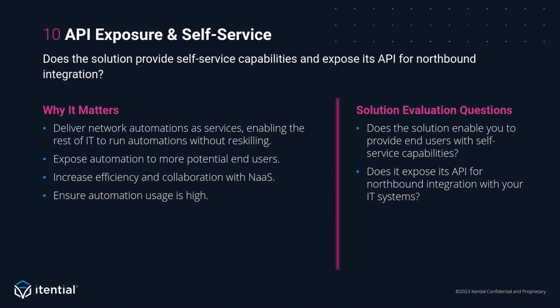Meaning, do I have the hooks into the ticketing system? Or can I present an API to the users so that they can just ask for that change as opposed to having to go through this manual process of I need to create a ticket, I need to wait for that to get serviced. You can eliminate all of that if the solution has the capability to do that. And it goes beyond just the ticketing engineer based model, right?